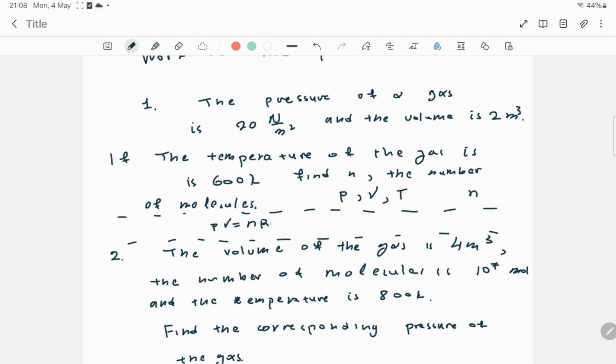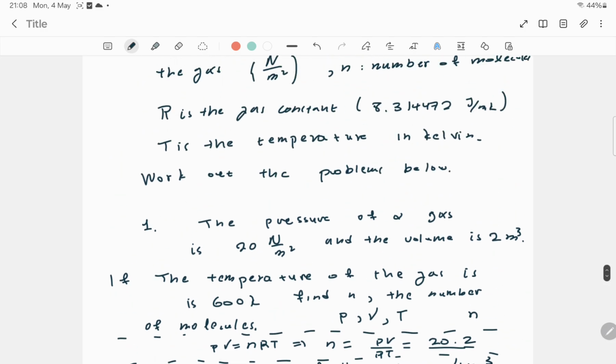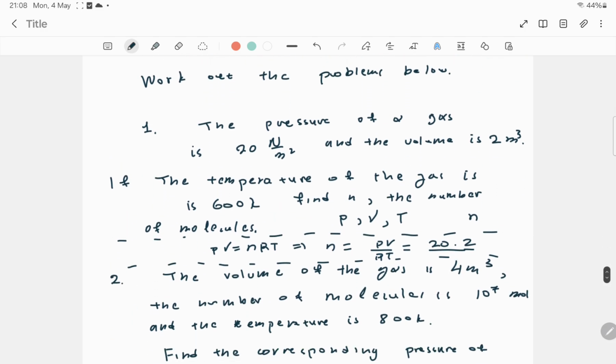PV equals nRT, so n is going to be PV over RT. So it's going to be the pressure 20 times the volume over R times T. R is 8.3 roughly, so that's going to be 8.3 times the temperature, which is 600 Kelvin.